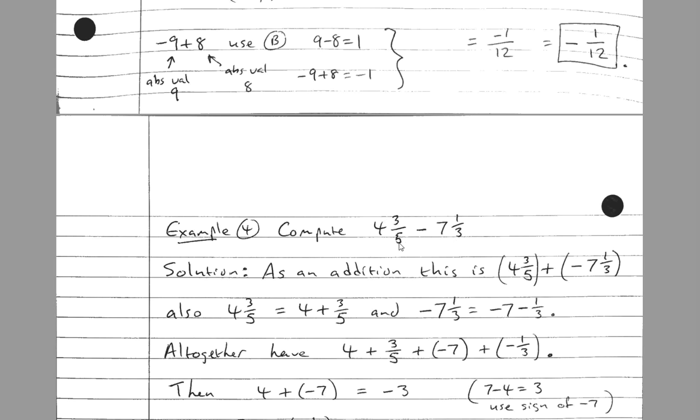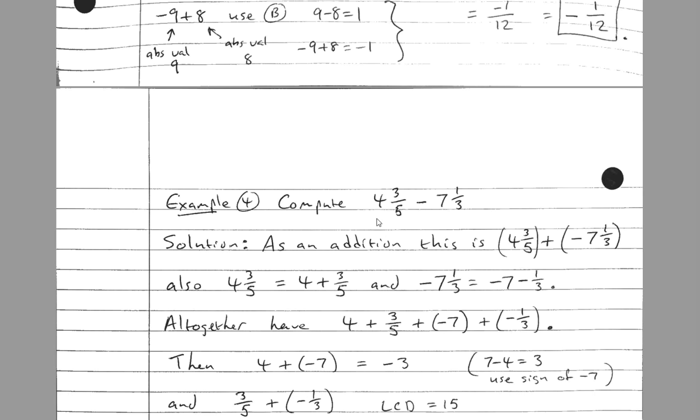Okay, how about with mixed numbers? So there's no really good way to do this. Well, first of all, the operation here is subtraction. You remember from chapter 1, any subtraction question, you can write it as an addition question, addition of the opposite.